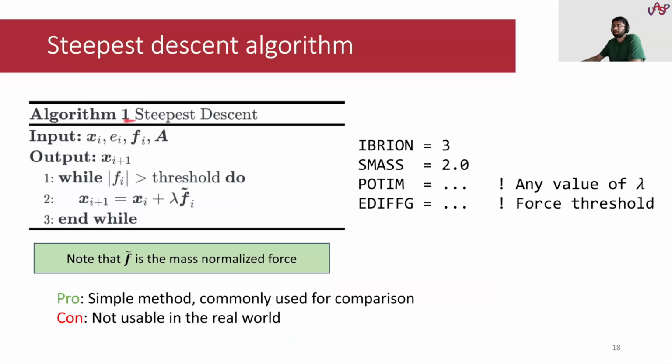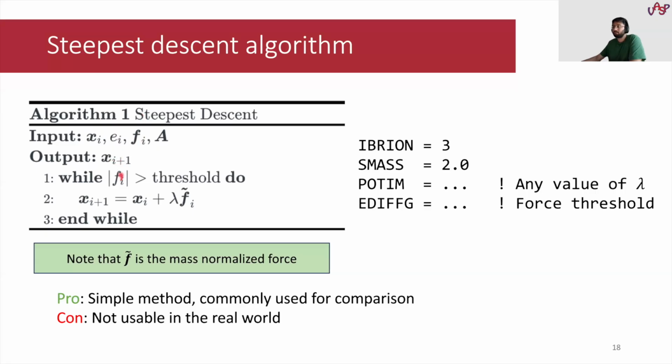This is basically to illustrate and summarize what we saw in terms of figures. Given your positions at a certain iteration number i, your energies at iteration i, your forces also at i, and lattice vectors A, you will output the next positions and their associated lattice vectors by steepest descent.